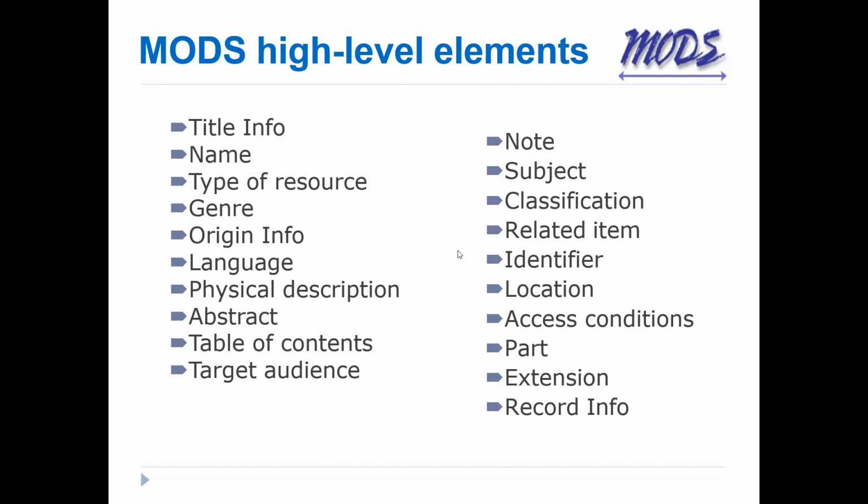If you have a project that's completely outside of libraries, then things like classification and location, meaning location like in the building or where the object is physically located, not the geographic location of the place that it may be about, but what building it's in or what floor it's on or any of that kind of stuff. The only thing I could really think is that maybe this has felt too library-esque for a lot of other communities.